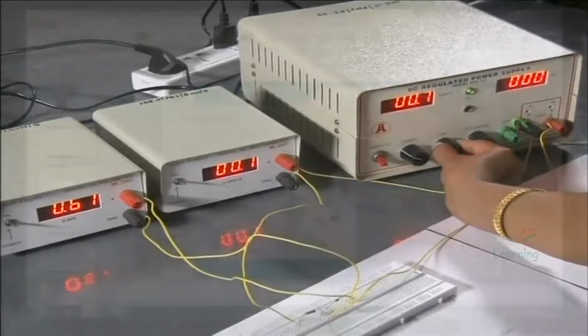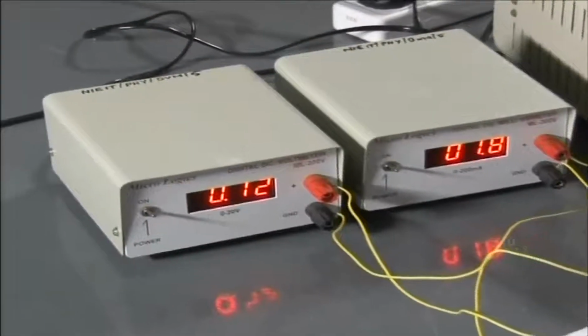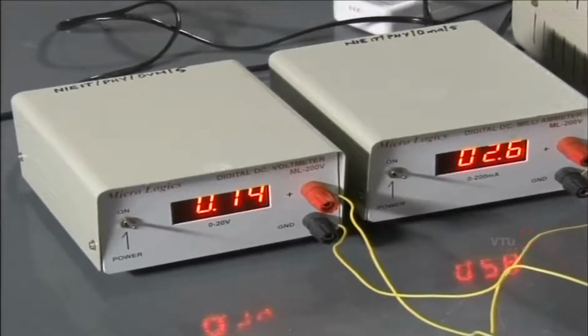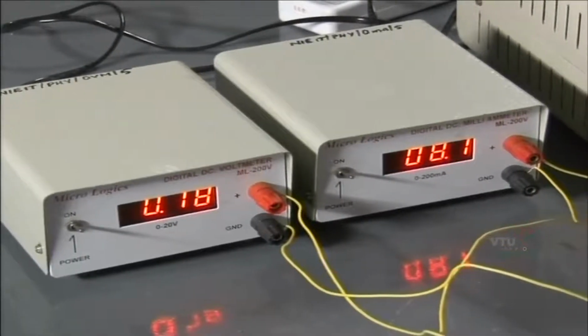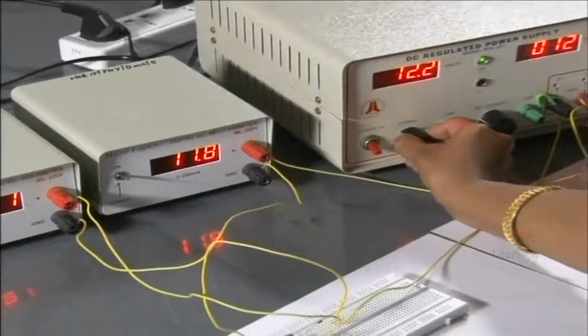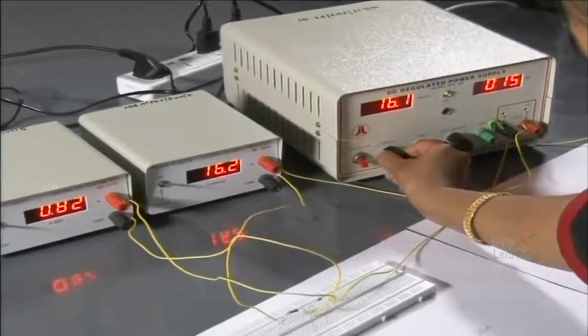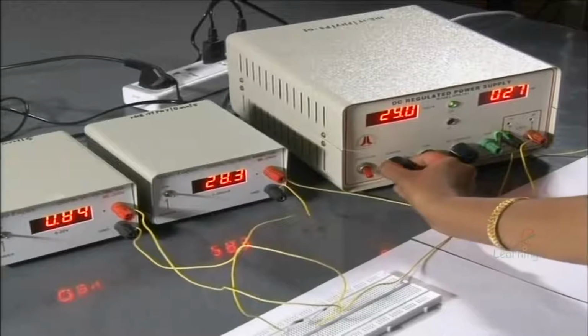Now, increase the voltage in steps of 0.05 volts: 0.65, 0.7, 0.75, 0.8, 0.85, and note the corresponding current readings, rising up to 28.2 milliamps.